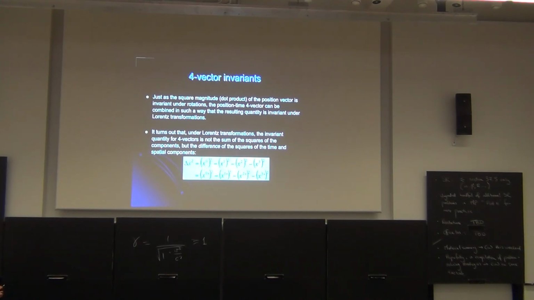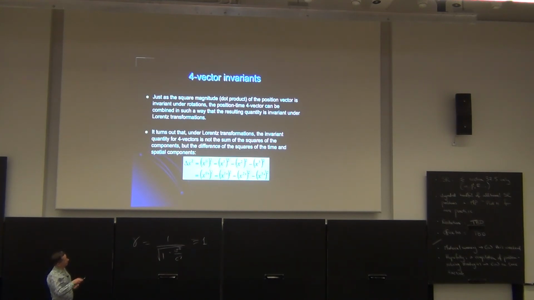Unlike on the previous slide where I did x squared plus y squared plus z squared using Pythagoras, it's a modification on that. It takes the time component, squares that, and then subtracts all 3 spatial components. So it's a defined quantity: the time component squared minus each of the spatial components squared.